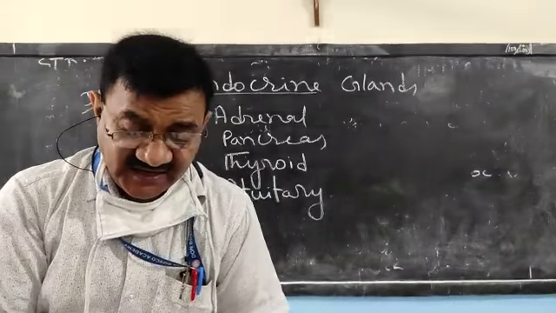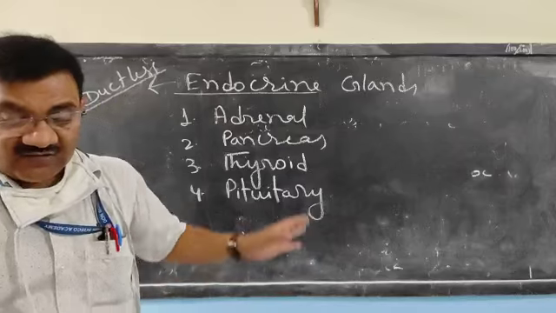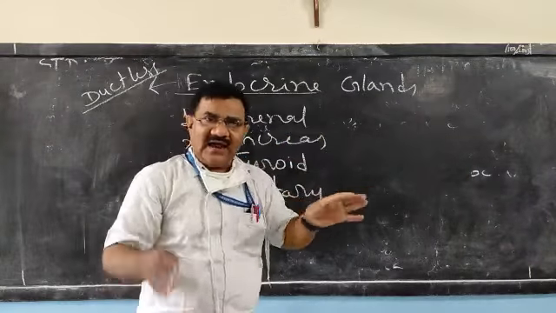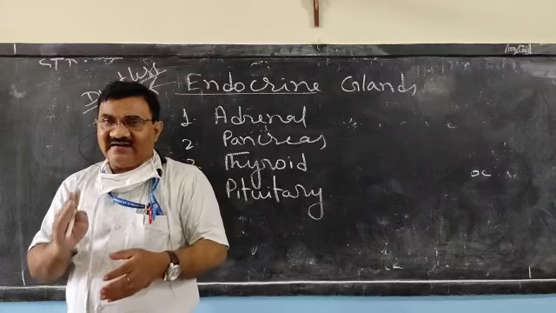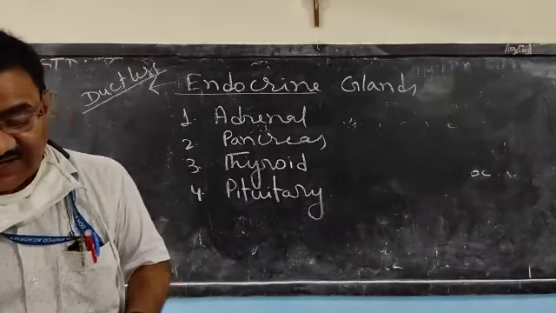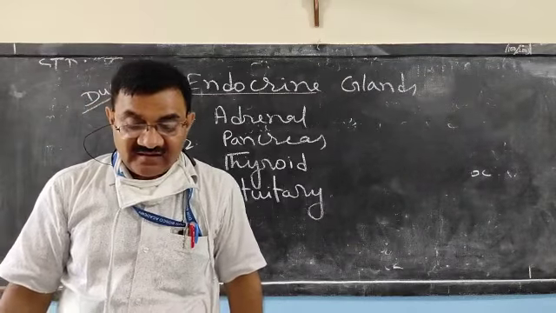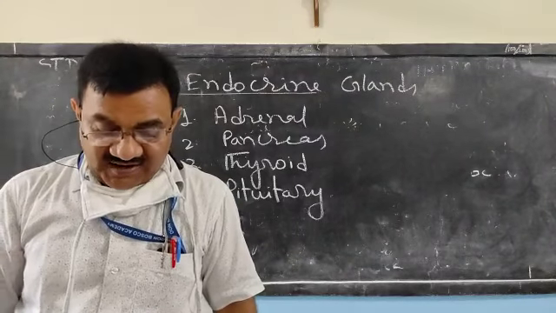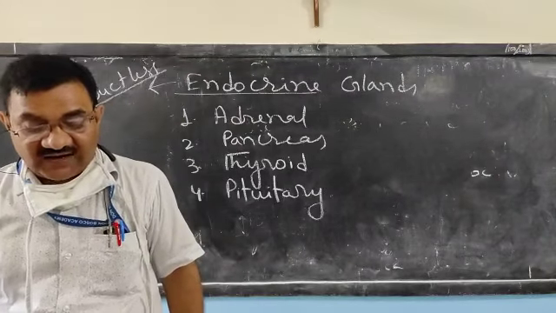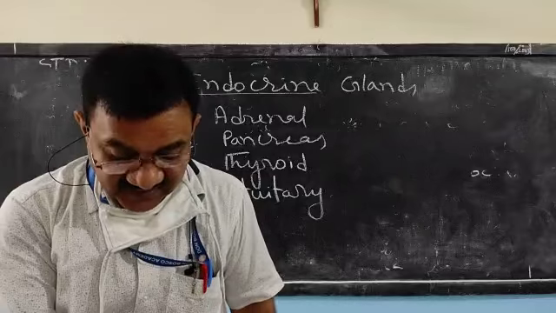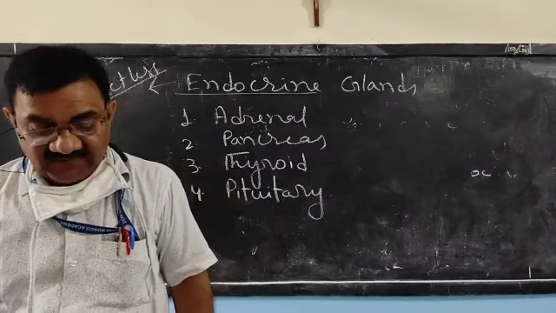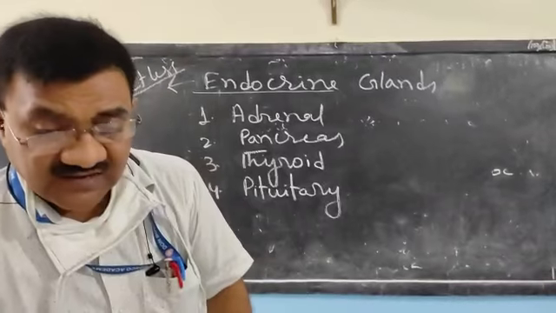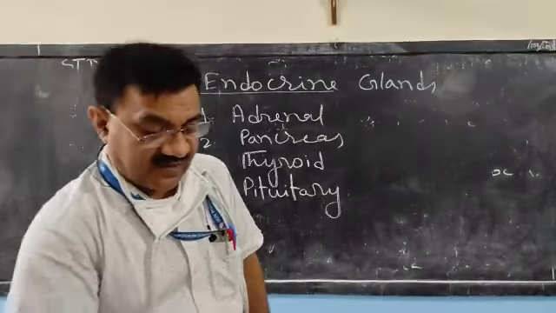They are 2 in number, and the adrenal gland has 2 parts: adrenal cortex and adrenal medulla. The cortex secretes mineralocorticoids, glucocorticoids and sex corticoids, and the medulla secretes adrenaline.